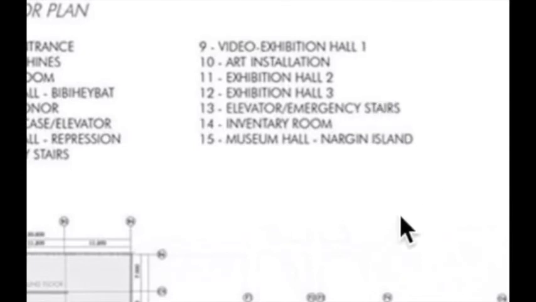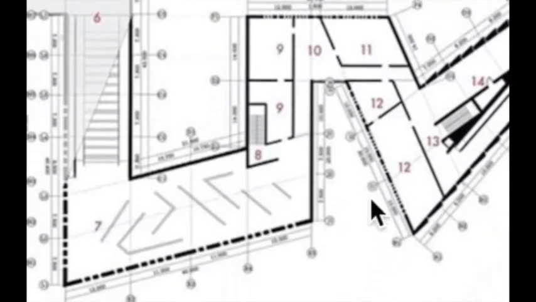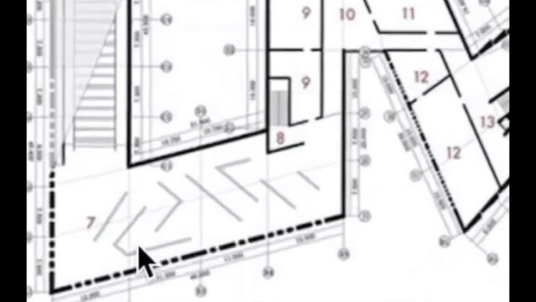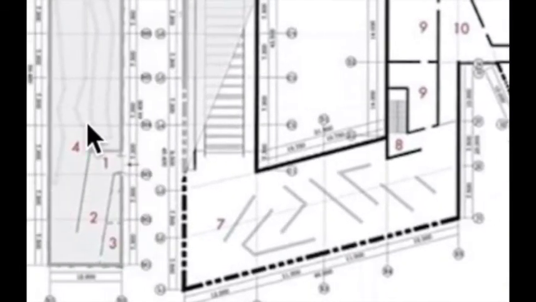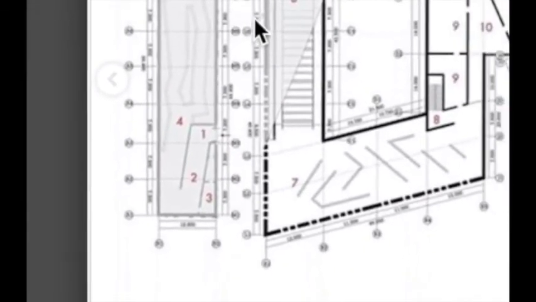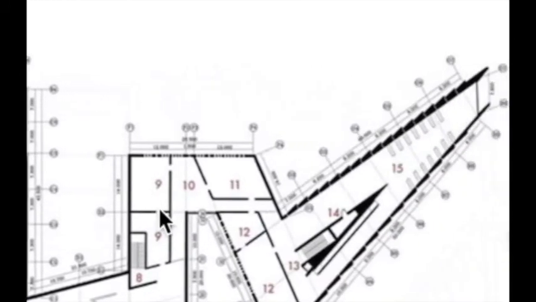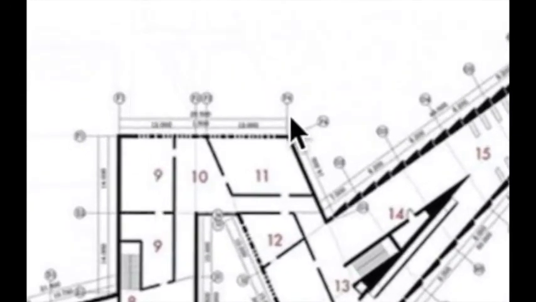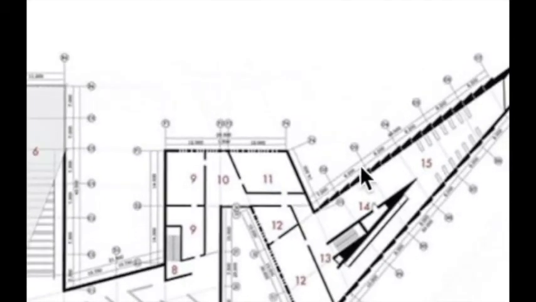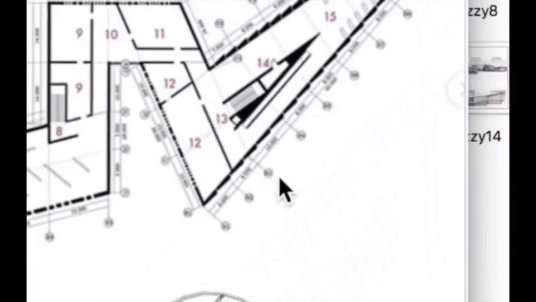Next to the name of the area and room, you have to put square meters, and inside the plan you have to put the number of the name of the area. Okay, and furniture. Do furniture with minimal thickness of the line.